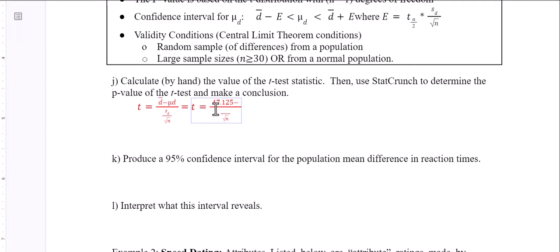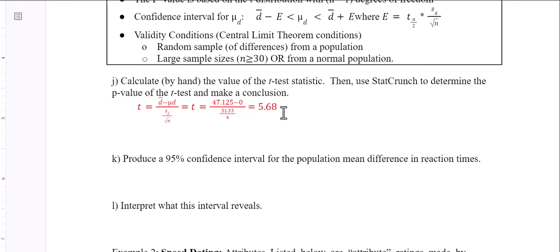Our null hypothesis is that the differences is 0, so we're going to put 0 over the standard deviation of our sample of the differences, so 51.33 over the square root of n. And our sample size was 16, so the square root of 16 is 4. And then put that on our calculator, and we're going to get 5.68.